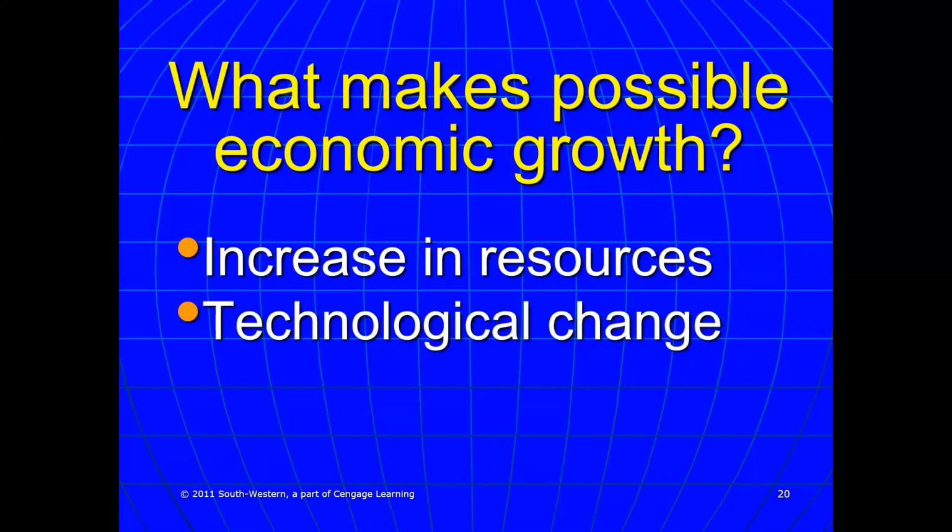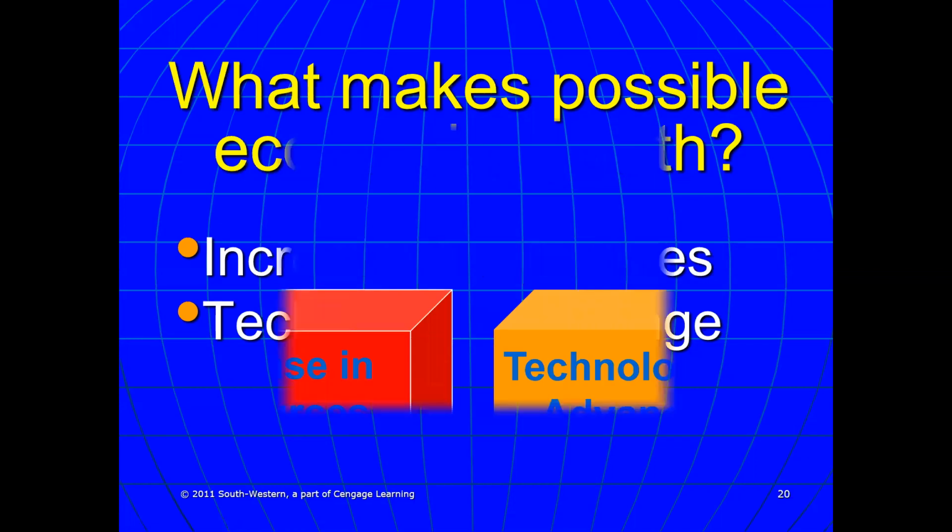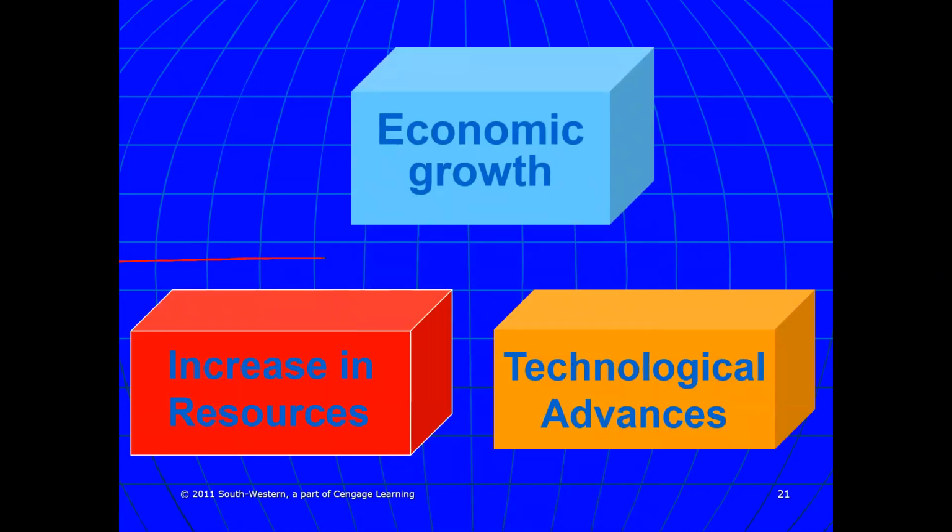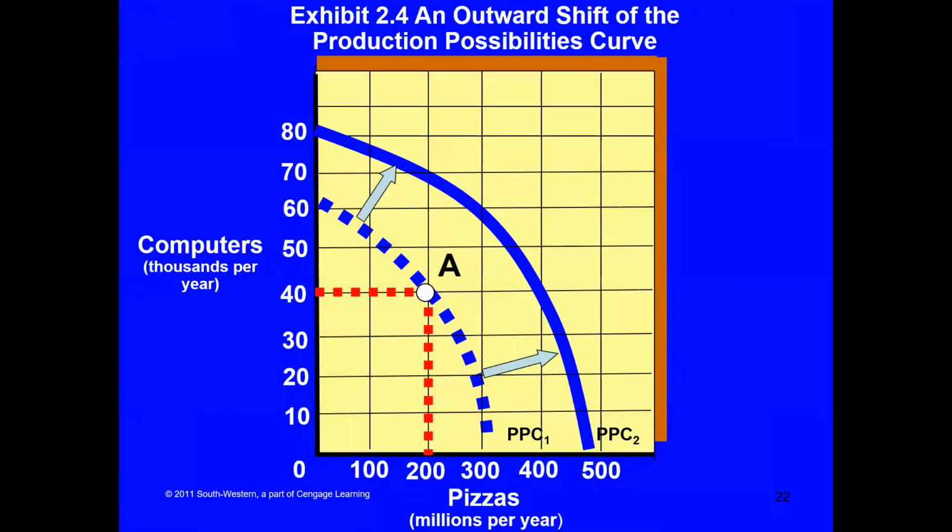We've got better technology. Capital, by the way, in economics deals with physical capital. This is machinery and equipment, not financial capital. So resources in economics deals with land, labor, and physical capital. More of any of those, more technology, technological advancement can lead to that rightward shift.